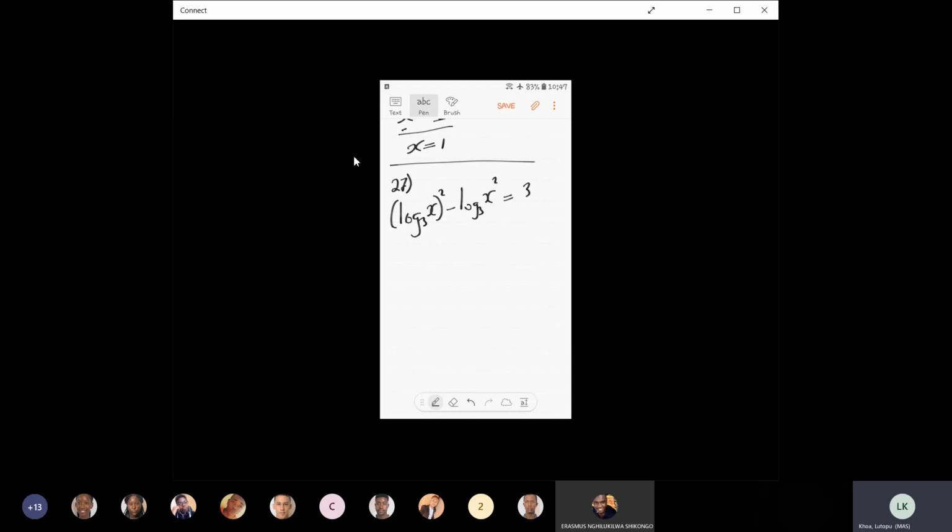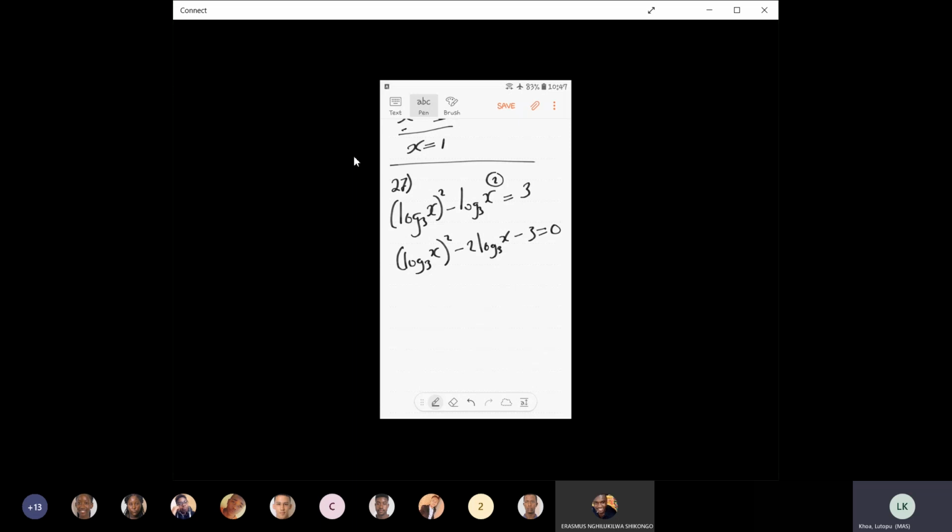This is equal to 3. So the first thing I always do is this 2, I must bring it down. So I have (log base 3 of x) squared minus 2 log base 3 of x, and then the 3 comes to the other side and then it's minus 3.